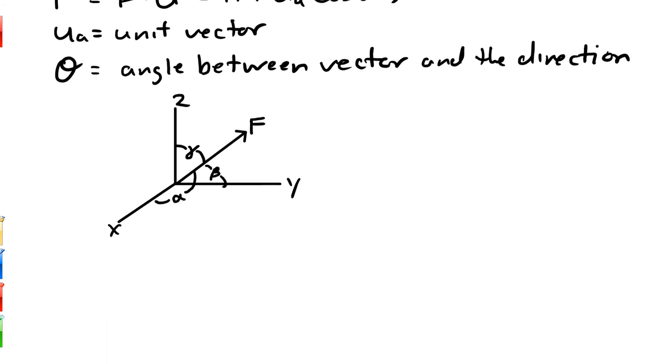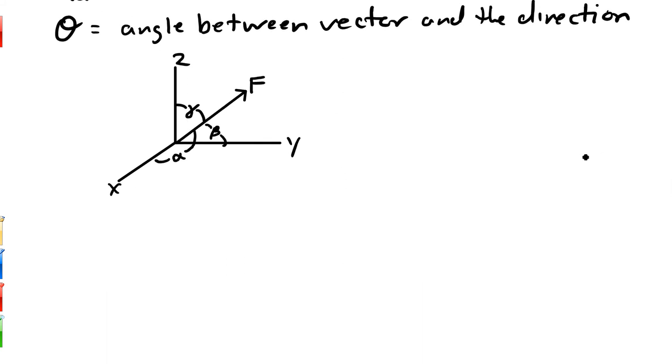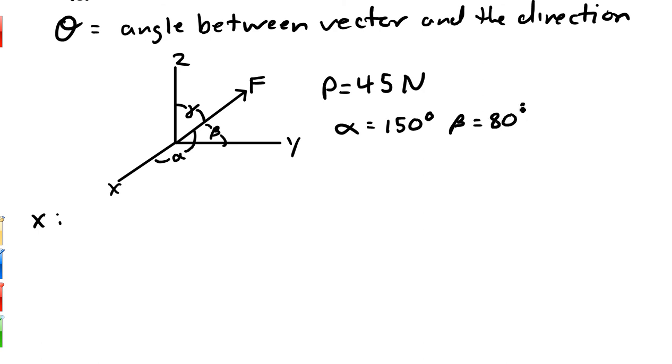So, breaking these things down into components. We'll just start with the x direction. You're given the force P, which is equal to 45 newtons, and you're given your angle alpha, which is 150 degrees, your angle beta, which is 80 degrees, and your angle gamma, which is equal to 60 degrees.